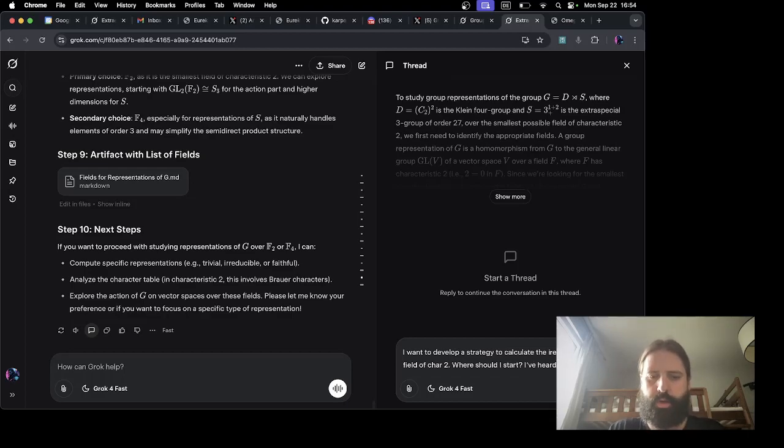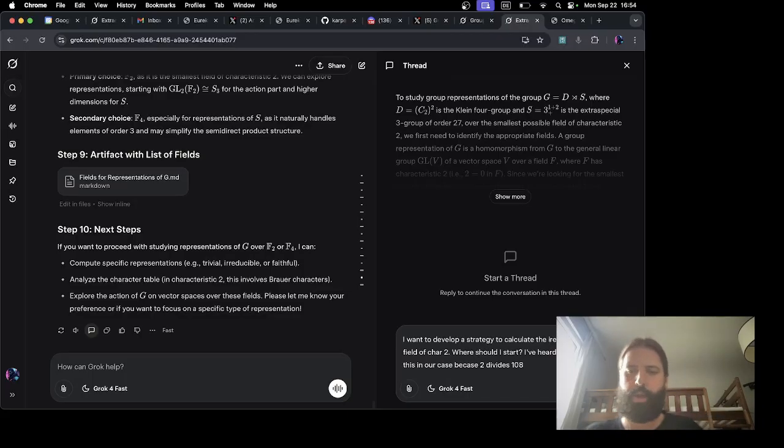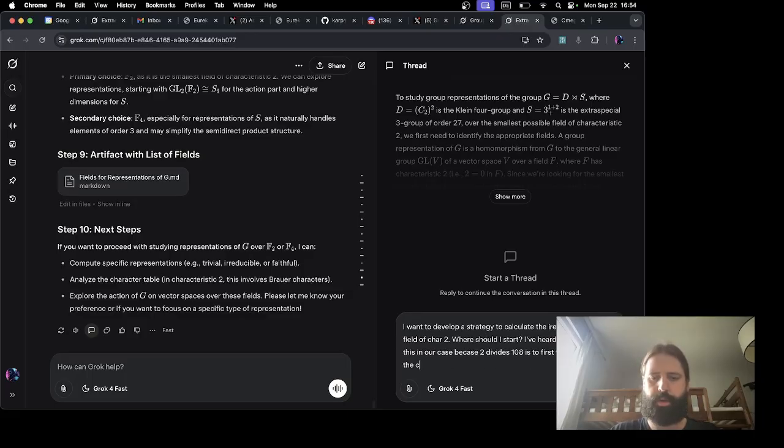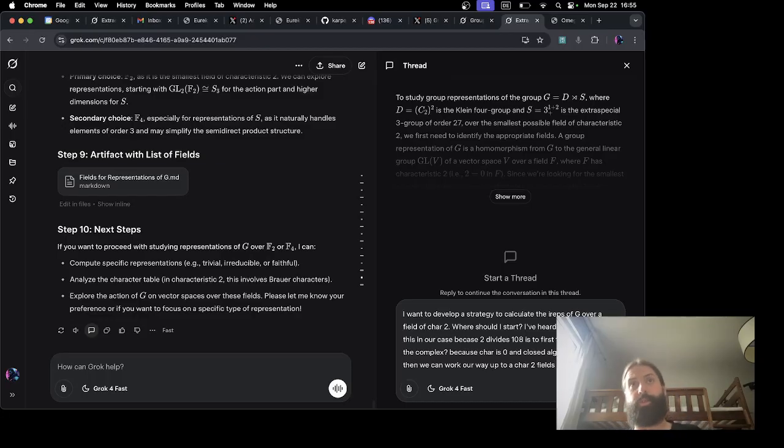I've heard one way to do this in our case, because 2 divides 108, is to first find the reps over the complex numbers, because characteristic is 0 and algebraically closed, and then we can work our way up to a characteristic 2 field, because then we're getting to modular representation theory.